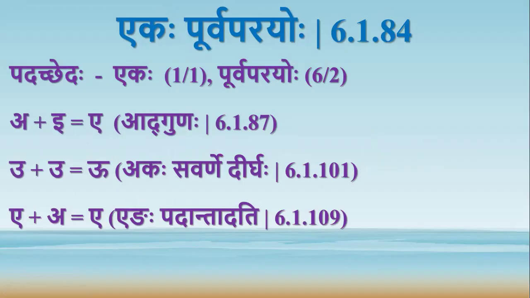So coming to Eka Purva Parayoho, here in this Adhikara, the Purva and the Para both combine to form a single Adesha. This is the Adhikara Sutra which is applicable to the subsequent sutras.